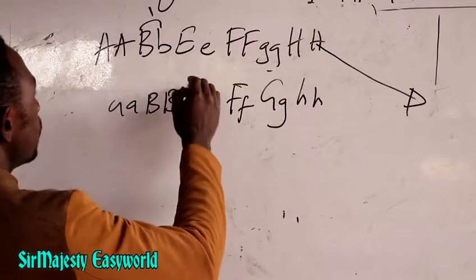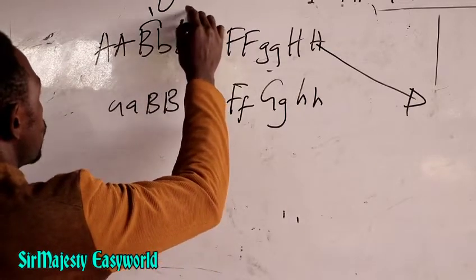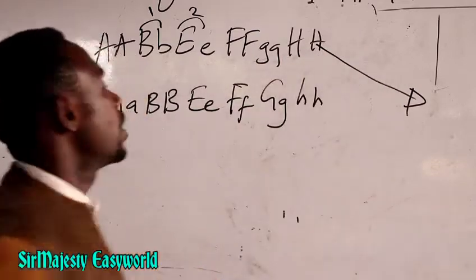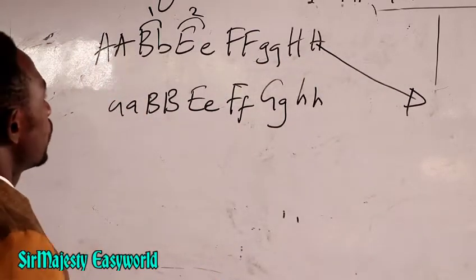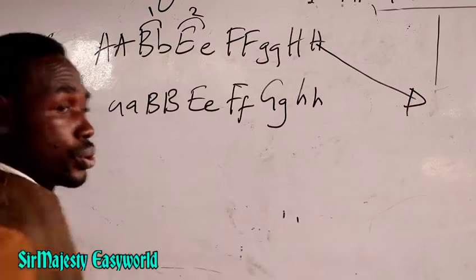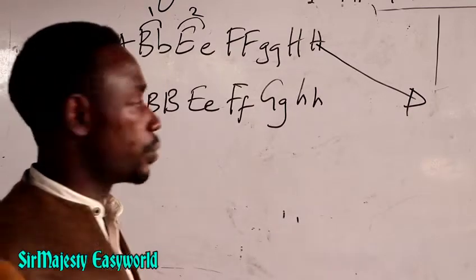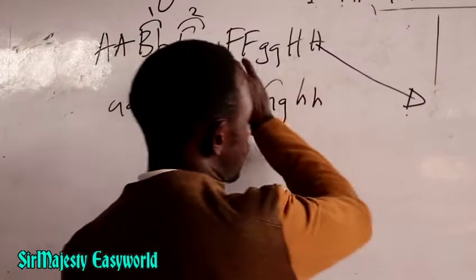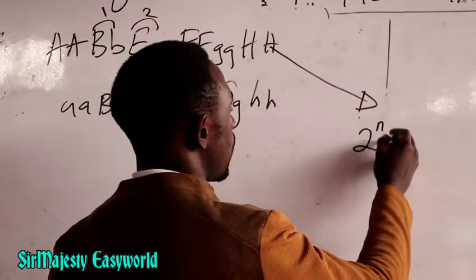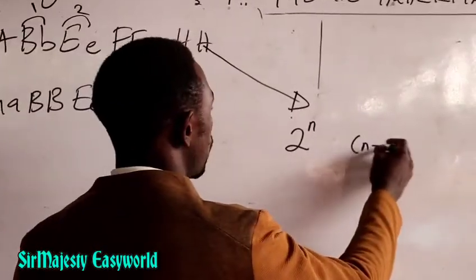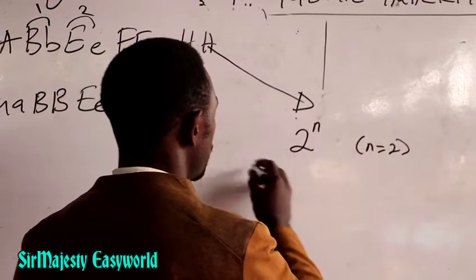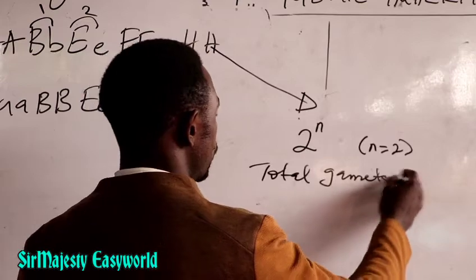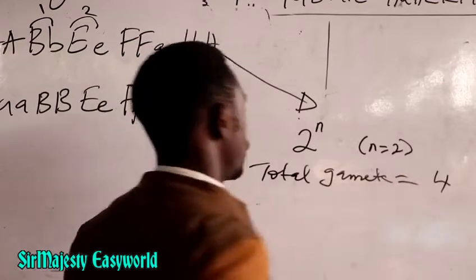Heterozygous, this is number 1. This is heterozygous, also number 2. This is homozygous, homozygous, homozygous. So it means we have only but 2 heterozygous allele, which means our n is 2. So the total gamete we will get here should be 2 raised to the power n. When our n is equal to 2, it means that the total gamete should be 4. That's 2 raised to the power 2.